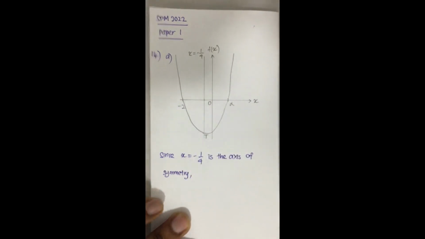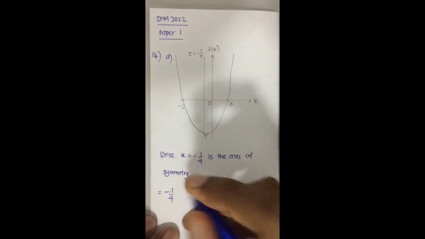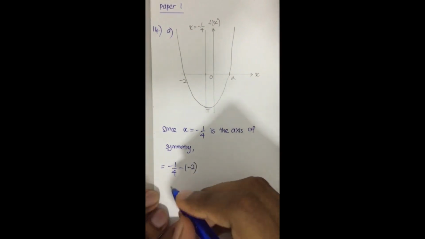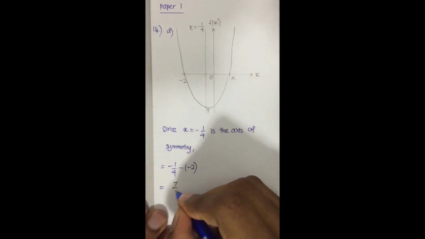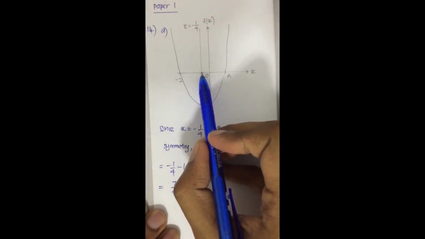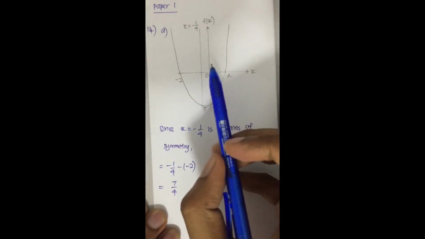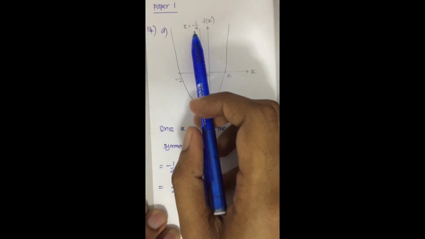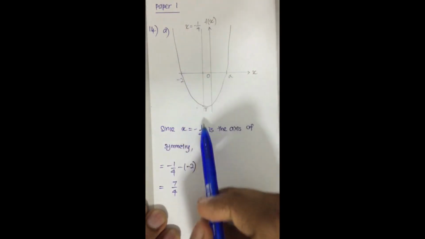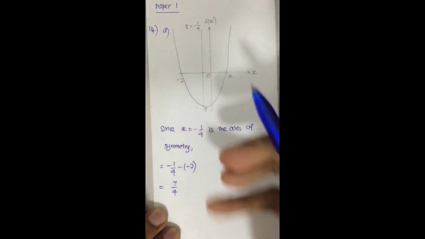So we take −1/4 minus negative 2, and you get a distance of 7/4. Once we have the distance from the axis of symmetry to negative 2, it is easy to find the distance from −1/4 to alpha, since the axis of symmetry divides the distance equally.